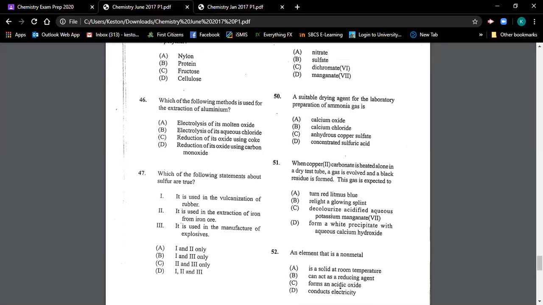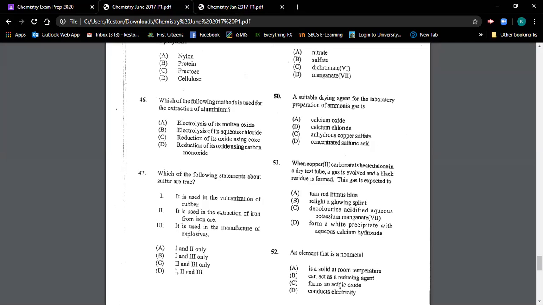51. When copper 2 carbonate is heated alone in a dry test tube, a gas is evolved and a black residue is formed. This gas is expected to do what? Relight a glowing splint.